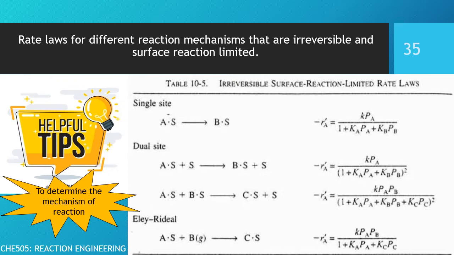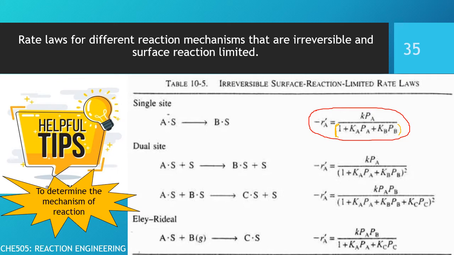Okay. For the first equation here, if the overall rate law equation is given as this equation, look at the denominator. The denominator is to the power of 1. So look at the denominator here. The denominator is to the power of 1. If it is power of 1, then the species that attach to the active site are only species A and species B. Look at the numerator.